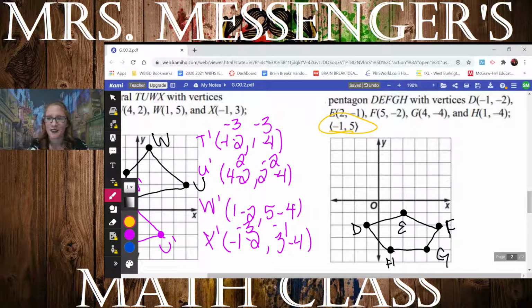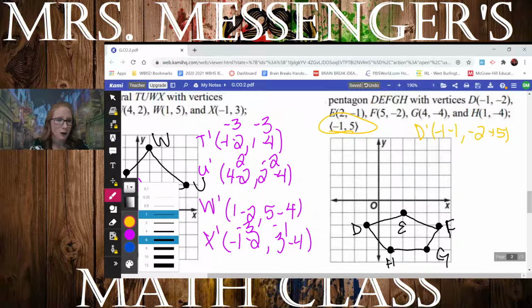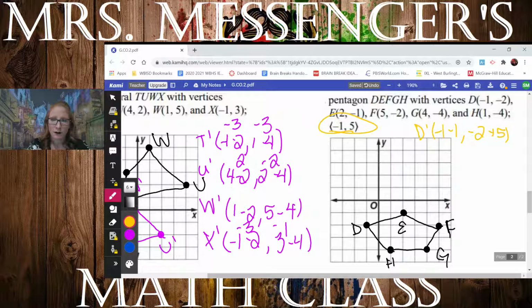All right, so let's go ahead and find D prime. I'm going to start writing up here because I know I'm going to run out of space. So I have my negative 1 minus 1, and I have negative 2 plus 5. So D prime is at negative 2, and positive 3. Which if you count 1, 2, 3, 4, 5, and left 1.